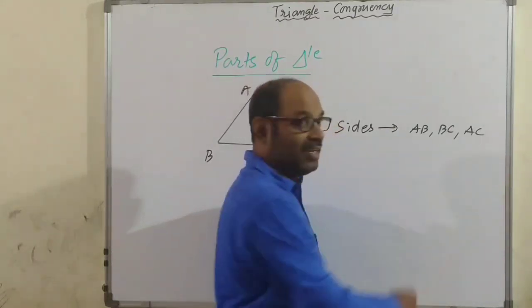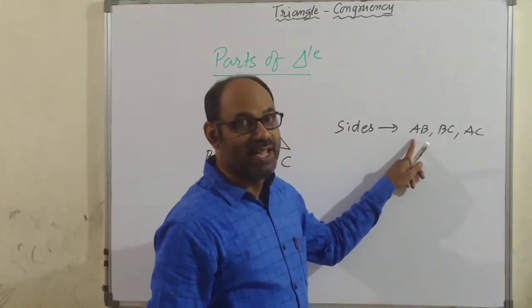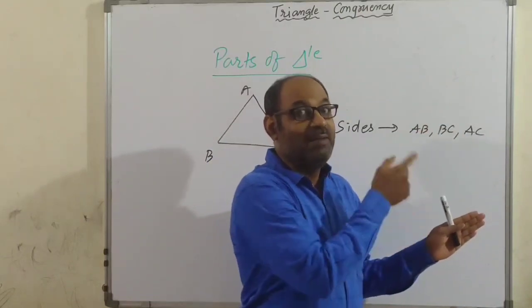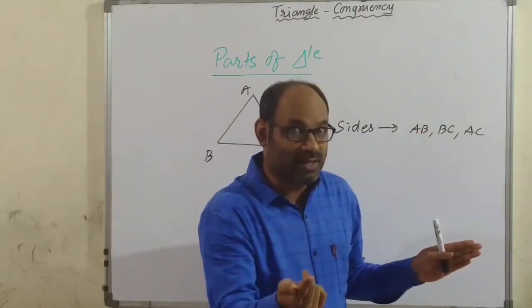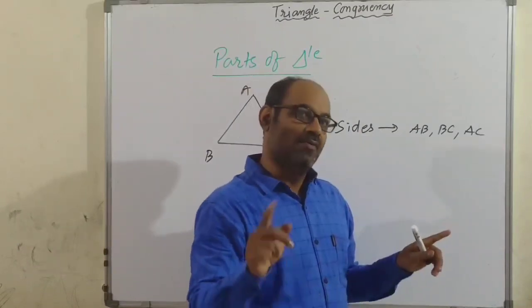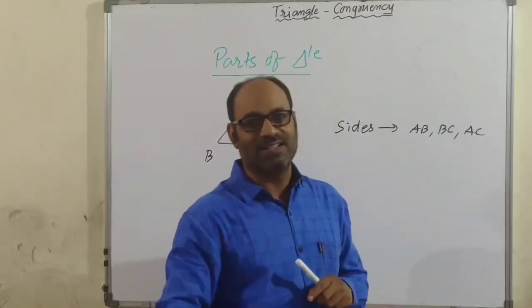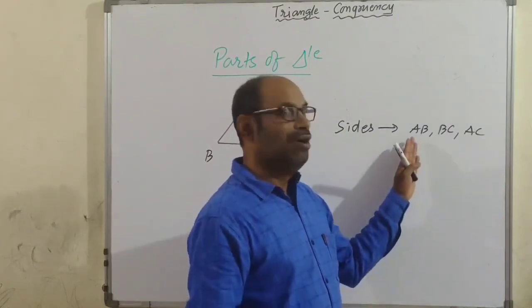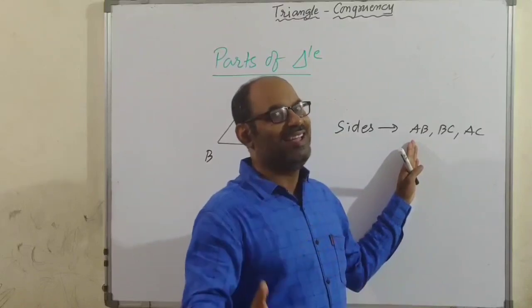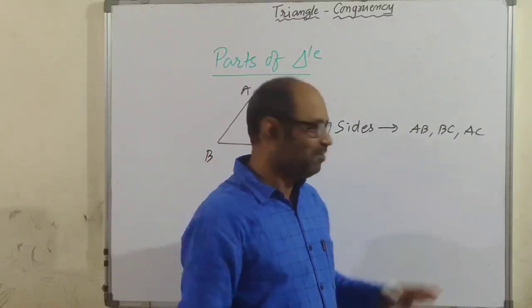But in our NCERT book, we will be writing only AB. Now see where you have used it. Sometimes AB will tell you it's line segment AB, and other times AB will tell you it is length of line segment AB. So you should know when you have to consider AB as line segment AB and AB as length of line segment AB.